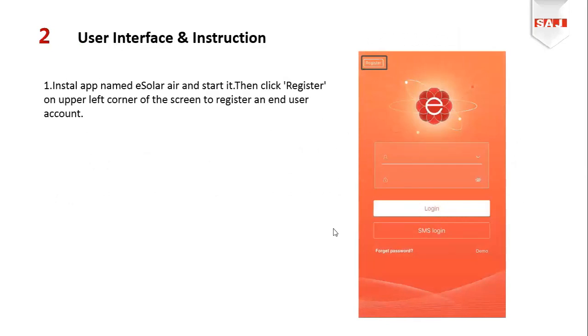Now we are showing you the first interface of the eSolar Air. For the end user, what they mostly need to do with the application is to just go through the information of the inverter and of the plant, but mostly they don't need functions like controlling the inverter to turn on and off remotely, or adjusting the parameters remotely.